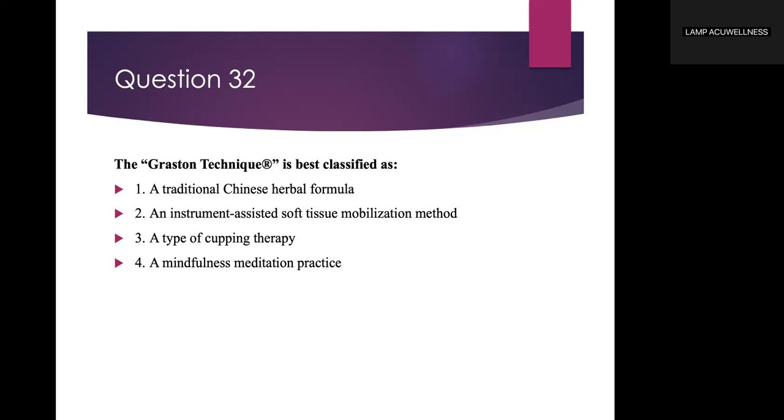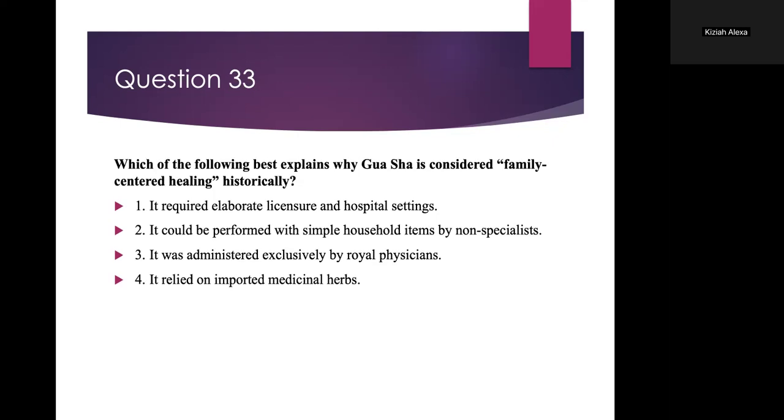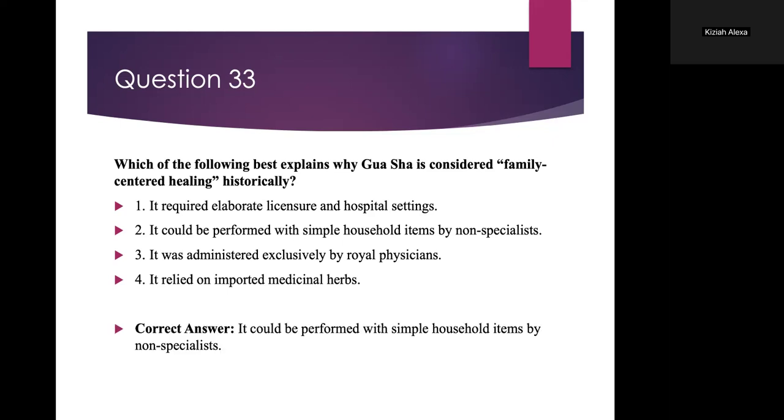The Graston technique is best classified as an instrument-assisted soft tissue mobilization method. Which of the following best explains why Gua Sha is considered family-centered healing historically? Because it could be performed with simple household items by non-specialists.